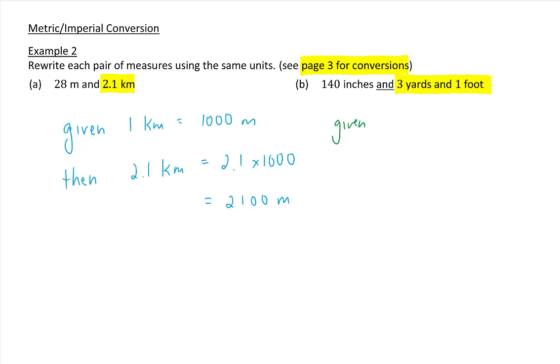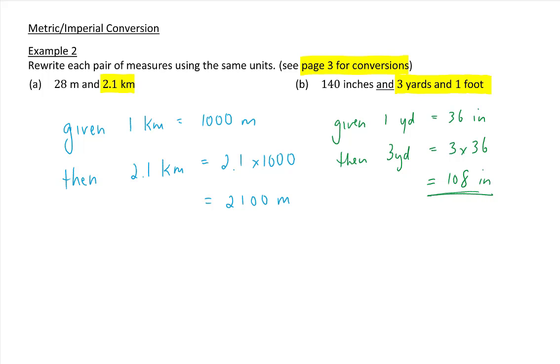So if you look at the conversions again, we can see that 1 yard equals 36 inches. So then 3 yards equals 3 times 36, which equals 108 inches. So that is the first one.